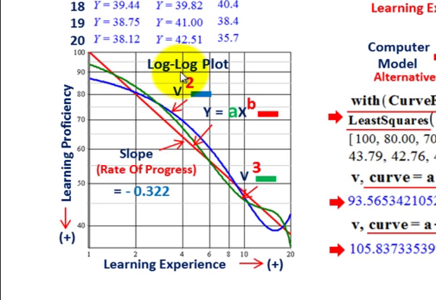So nonetheless, in this log-log plot, what it's really telling you is you can look at it in terms of your learning proficiency along your y-axis and your learning experience along your x-axis. You become more and more proficient, driving down your unit costs as you gain more experience. The log-log function is really looking at different alternatives, and you're looking at the slope or the rate of progress.